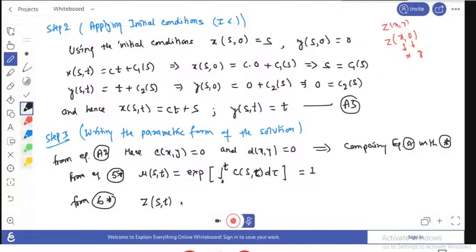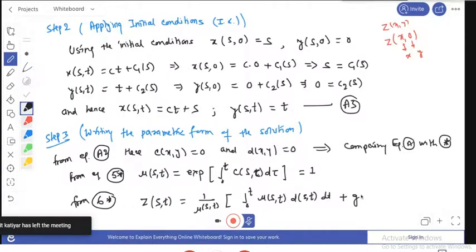This equals 1 over mu of st times the integral of mu of st d of st dt, plus any function of s. This is the formula, that is z0. So z0 means t equals 0, which is a function of only s. Say any function g.